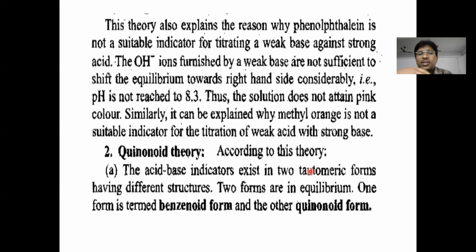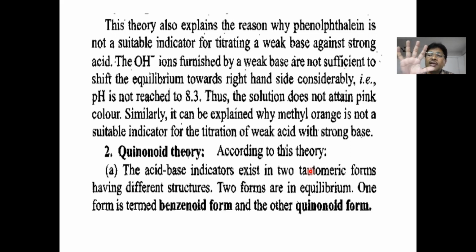For the time being, remember that if you take substance A and B, within molecule A, suppose one H plus proton is transferred from one atom to another atom in the same molecule.